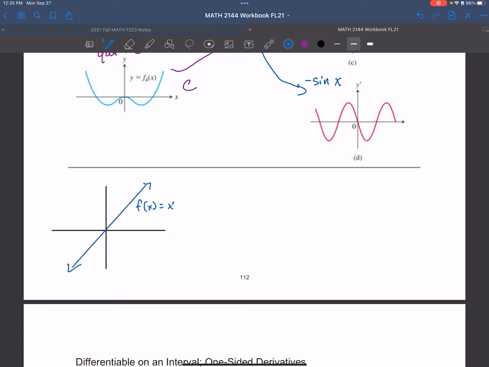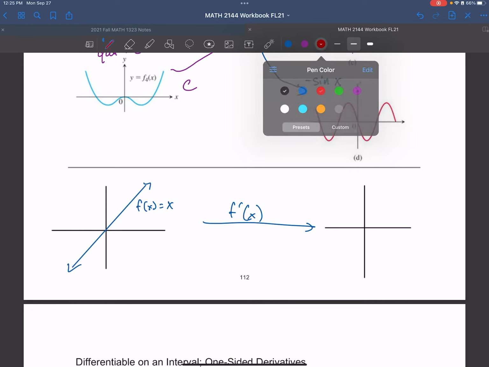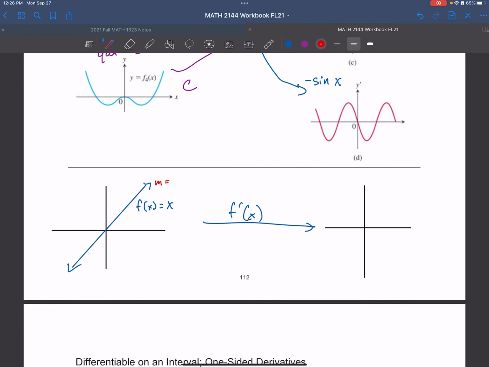If we were to consider the derivative of the identity function, we would end up with another function. Does anyone remember what is the derivative of x? It's the constant function, and more specifically, what constant? 1. The slope of this line is 1, so when you consider the derivative, f prime of x is going to be equal to 1.